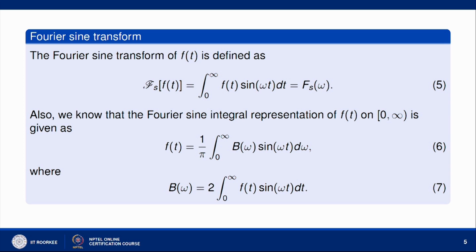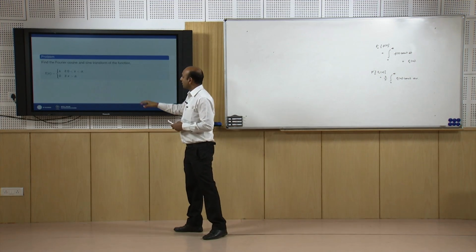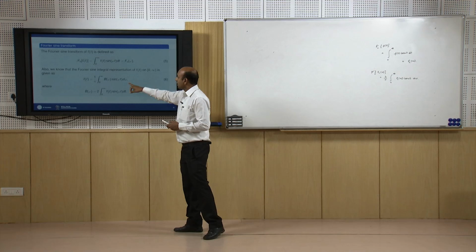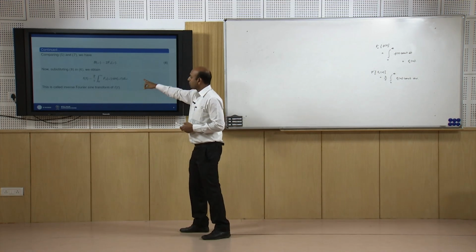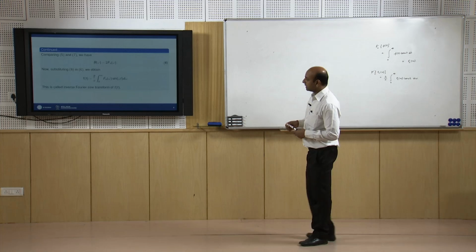Now, if you compare this with this expression, B(omega) is nothing but 2 times F_s(omega). Okay. So, if you substitute B(omega) as 2 times F_s(omega) over here, it will be 2 upon pi times the integral from 0 to infinity of F_s(omega) sin omega t d omega.